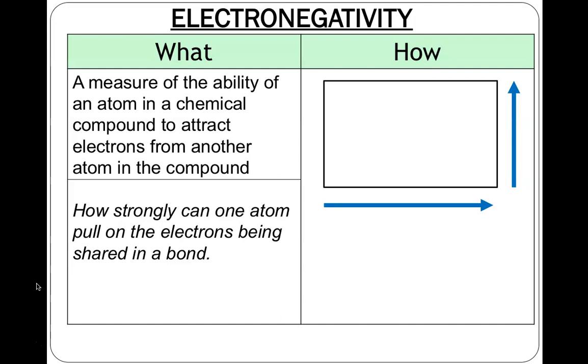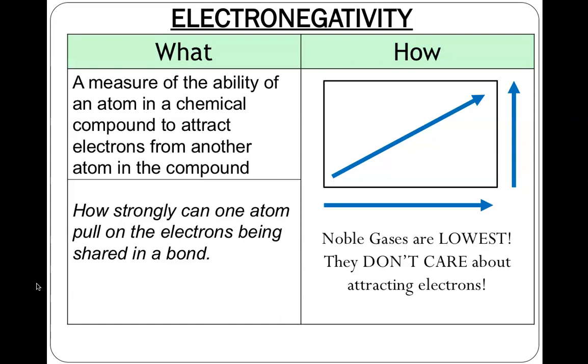We should know the direction the atomic radius changes and what's happening to the nucleus at the same time will help us determine which element has a larger electronegativity than another one compared to it. So put the arrow in it. So ultimately we're going up and to the right of the periodic table is an increase.